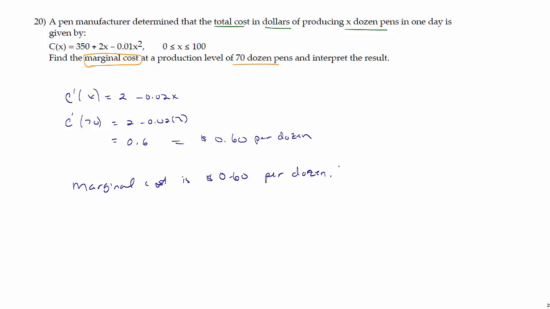So then I could go ahead and say that the cost to produce the next dozen, and since I'm at 70, the next one will be the 71st dozen, is 60 cents.